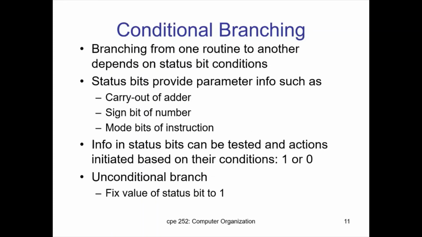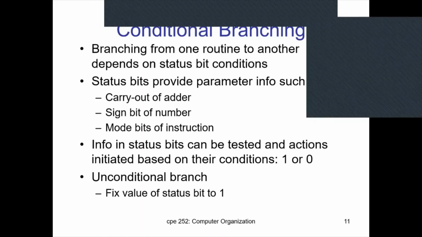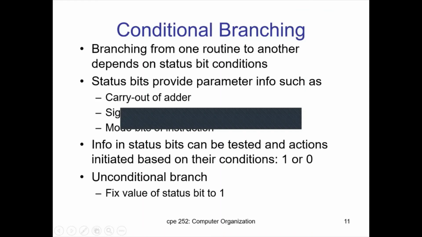Another part is conditional branching. In a microprogram, we have conditional program branching. That is very important for all computer organization. How is it important? It is for verification. If your PIN number is right, you will be allowed for the transaction. If your password is wrong, you will be stopped or declined.